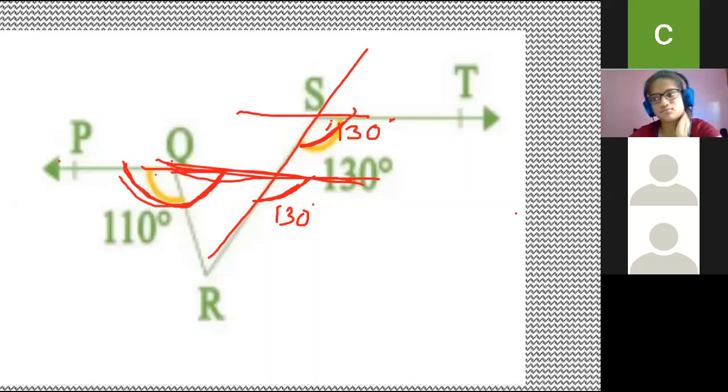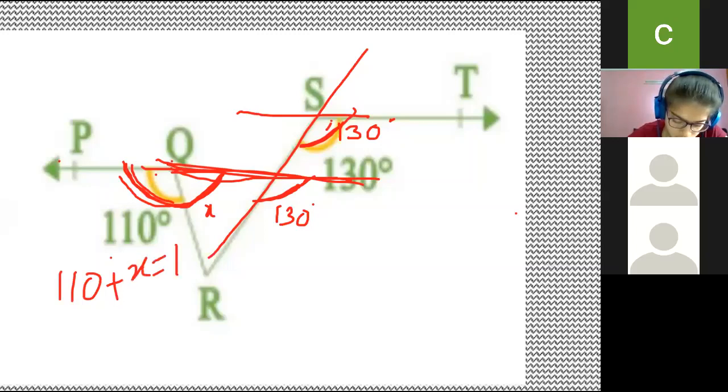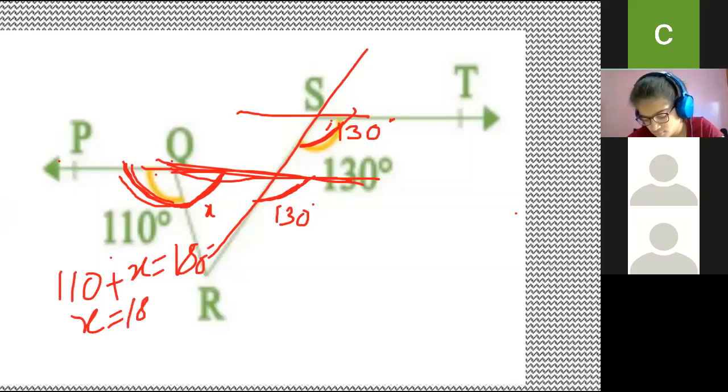So the sum of these two angles is 180. If I consider this as x, 110 plus x gives 180. So what is the value of x? 180 minus 110, which gives 70 degrees. Yes, ma'am.